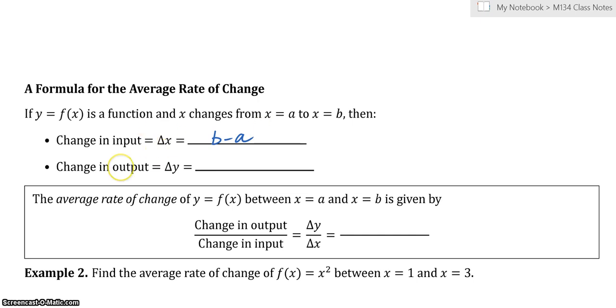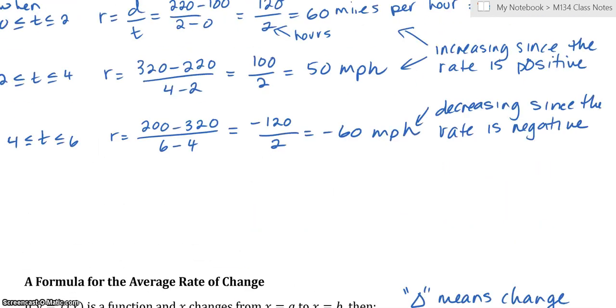We call it delta. This delta right there means change. So in math it means change, and so they'll add a delta x there. Change in output, the change of output would be the new minus the old, right?